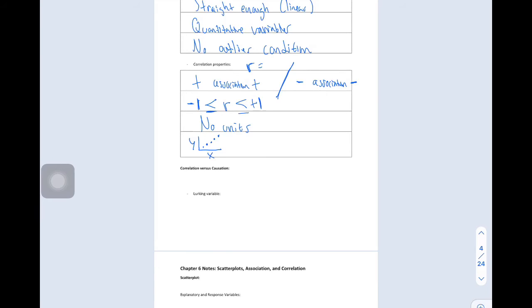So if I wanted to switch my Y variable to be the independent and have the X as the dependent, that may or may not change your graph. Even if it does, your R value stays the same if X and Y are switched. So R remains the same if X and Y are switched.